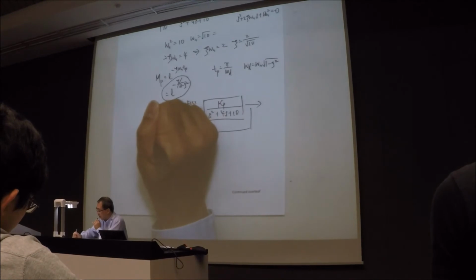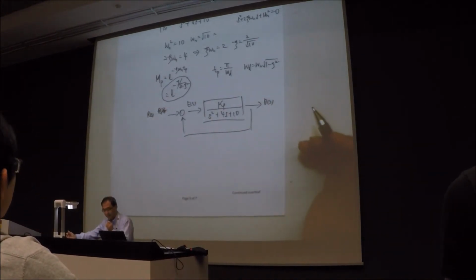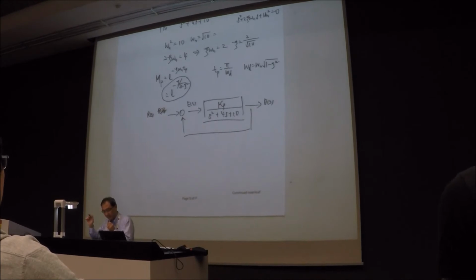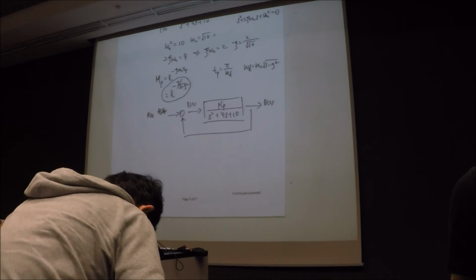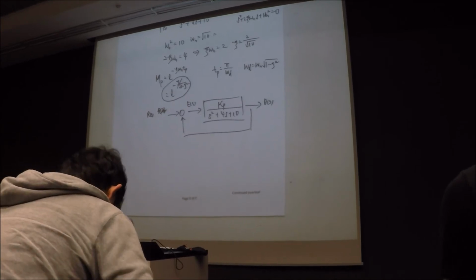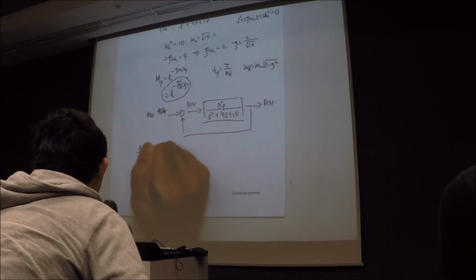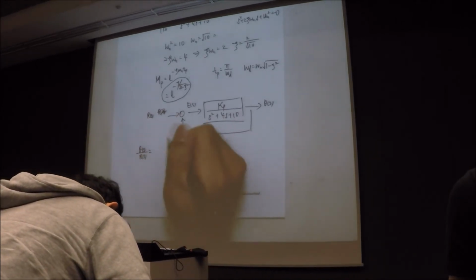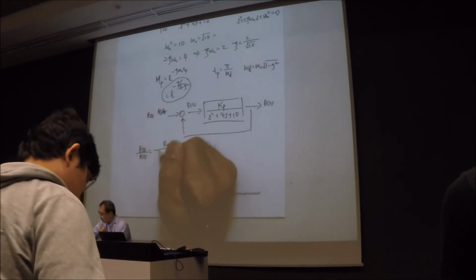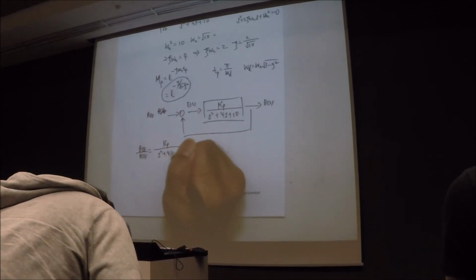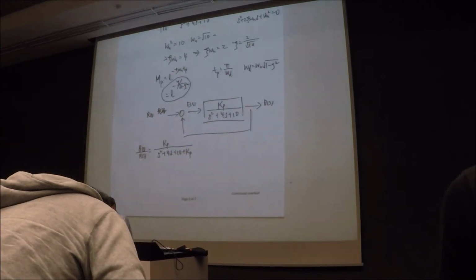I can call this Rs over theta S. What is your closed loop transfer function? Theta S over Rs. The closed loop transfer function is going to be equal to Kp divided by s squared plus 4s plus 10 plus Kp.